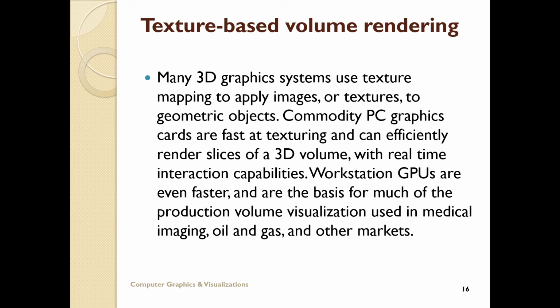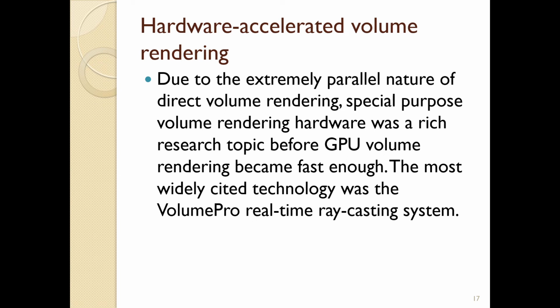Texture-based volume rendering. Many 3D graphic systems use texture mapping to apply images or textures to geometric objects. Commodity PC graphics cards are fast at texturing and efficiently render slices of a 3D volume with realistic interaction capabilities. Hardware accelerated volume rendering.